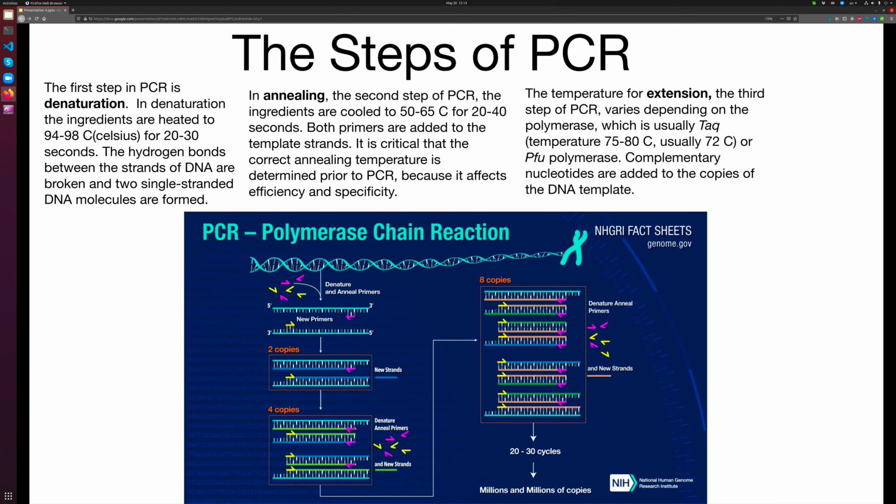But there is one problem with Taq polymerase. The problem is that Taq polymerase has no proofreading system. In DNA replication, copying of DNA needs to be almost perfect because DNA replication comes right before cell division. So you need to have this DNA properly copied.